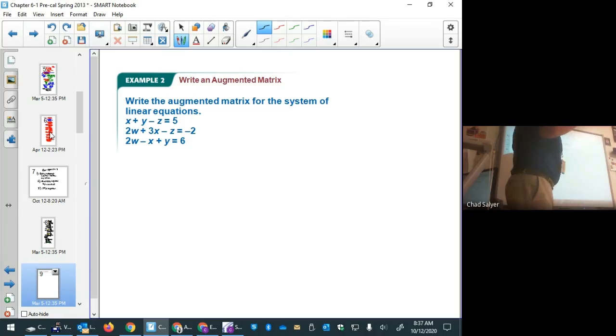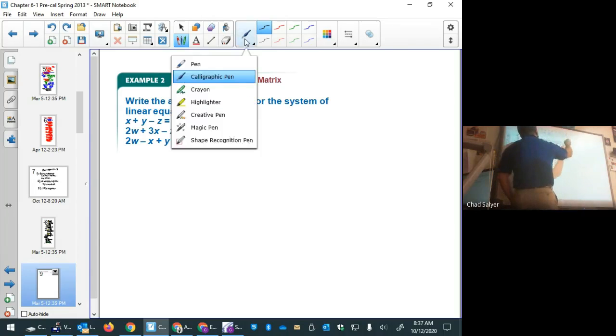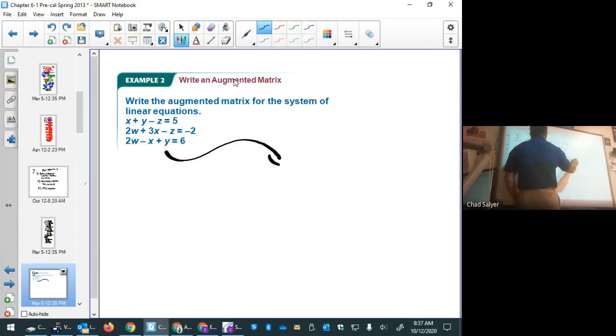So just writing an augmented matrix. Sometimes this can be a challenge. And if you'll notice here, look carefully and tell me how many variables we have, Rowdy. Yes, there's a W, X, Y, and Z. How many people would mindlessly have written 1, 1, -1, 5, and so on?